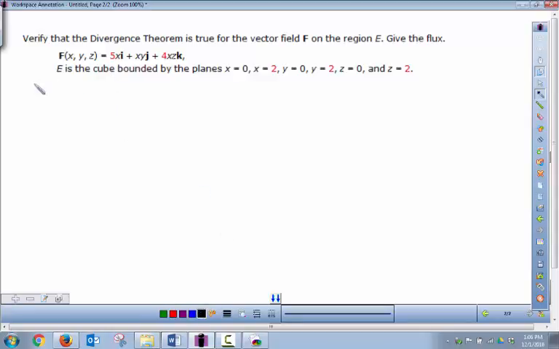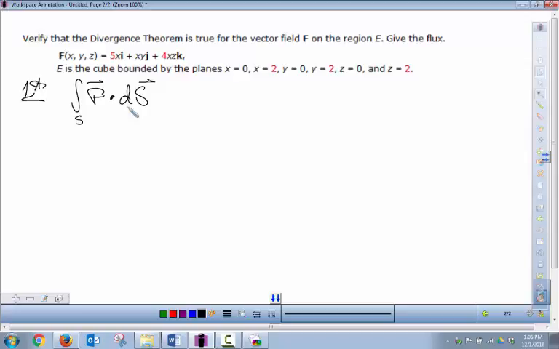So first, let's compute the flux over the surface. Since there are 6 surfaces, we're going to have to do 6 surface flux integrals. We have x equals 0, x equals 2, y equals 0, y equals 2, z equals 0, z equals 2.